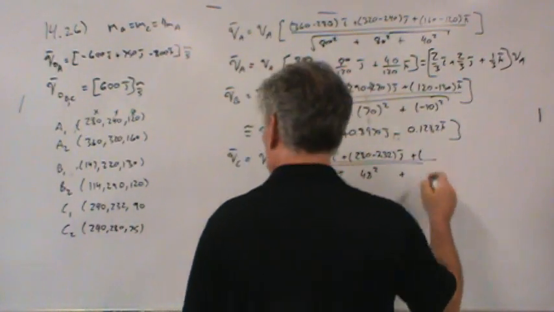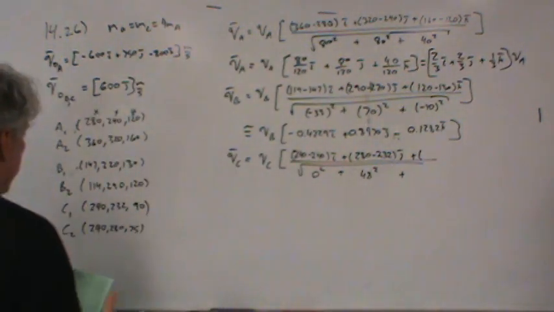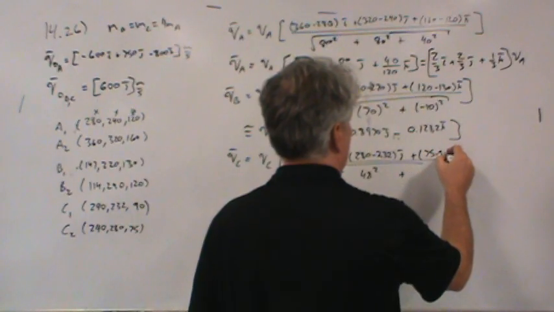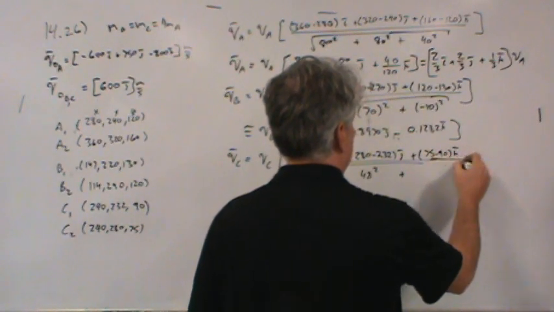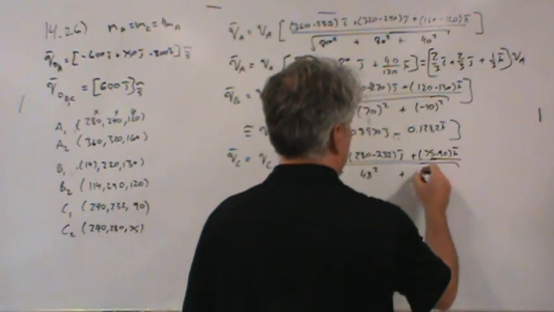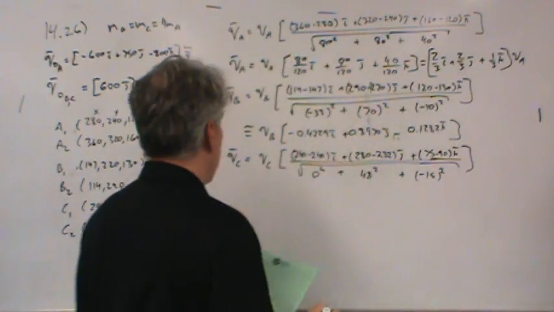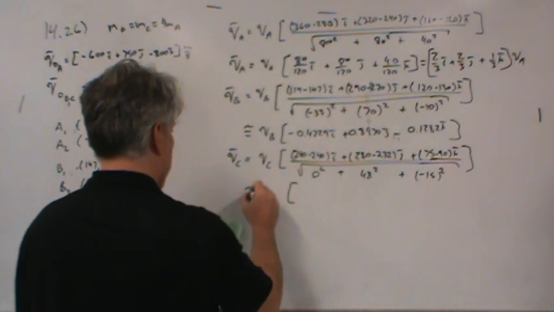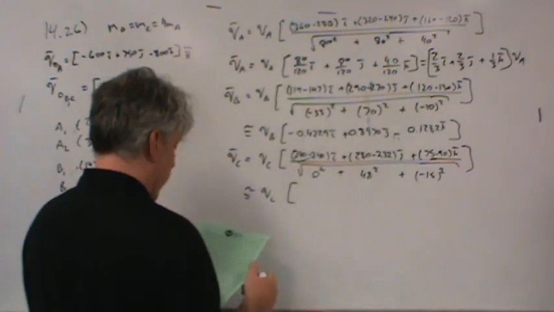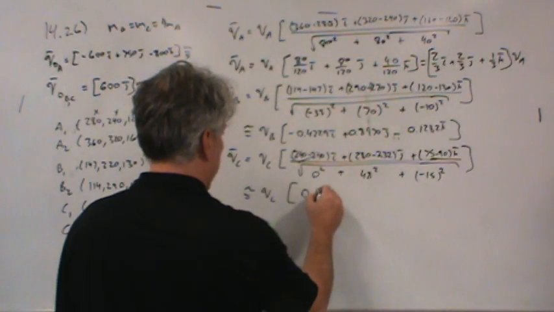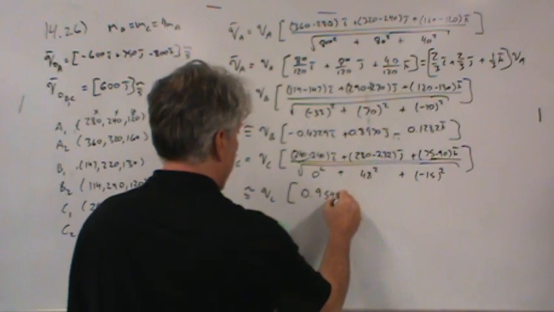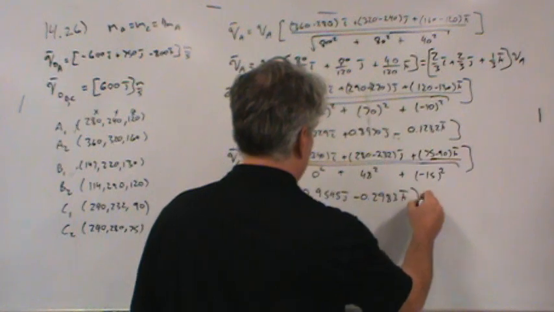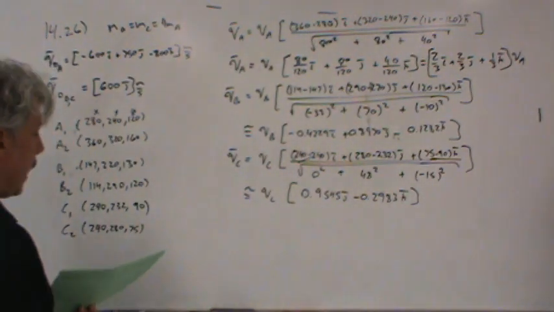And then finally, last coordinate, I forgot a parenthesis, didn't I? So 75 minus 90 in the k direction, and that's negative 15 squared. And so this is roughly VC times, and of course the first term goes away, so we just have 0.9545 j minus 0.2983 k.